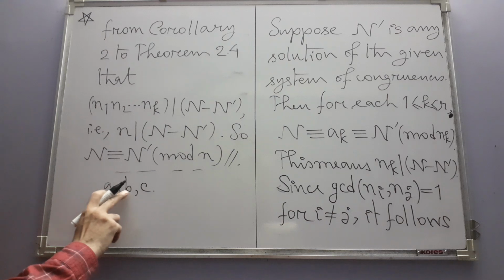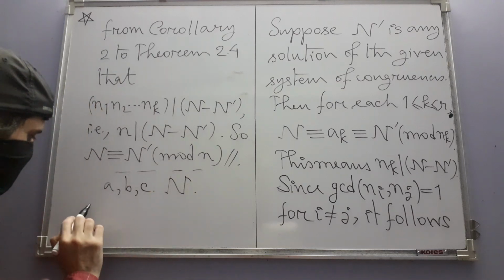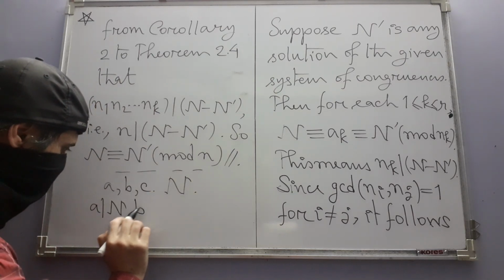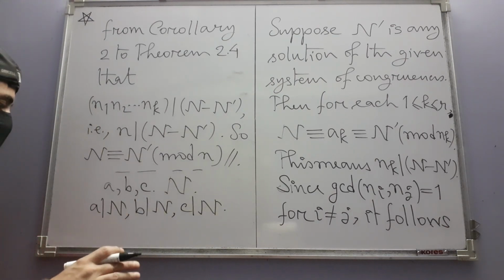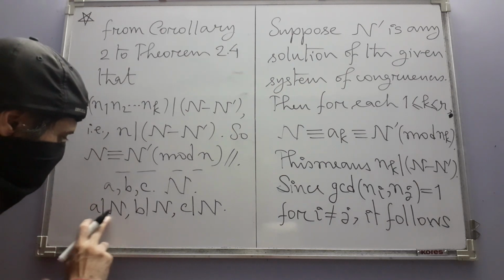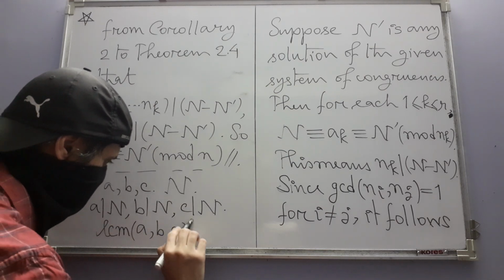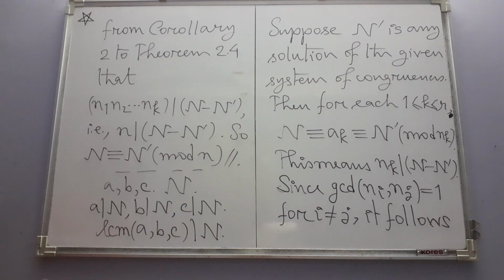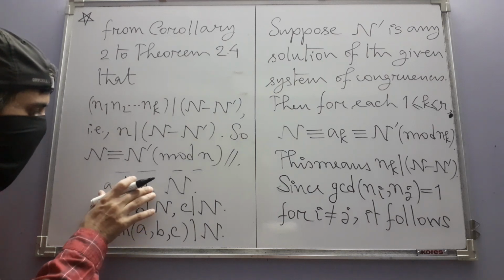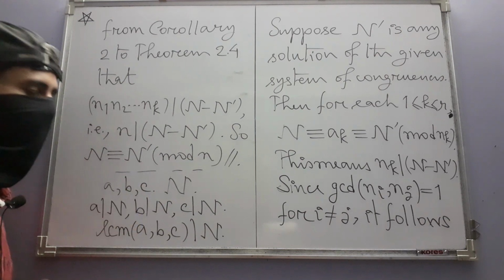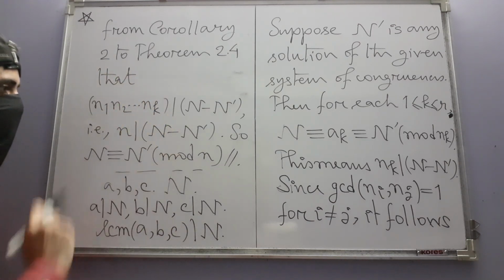And suppose that all of them divide something which is also an integer, say capital N, that is A divides N, B divides N, C also divides N. Then by the very definition of LCM, the LCM of A, B and C also divides N. Now, when these are pairwise co-prime, the LCM becomes their product, and that is why their product divides N. That's what we have in this corollary.